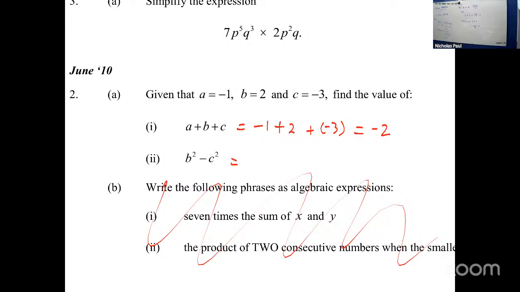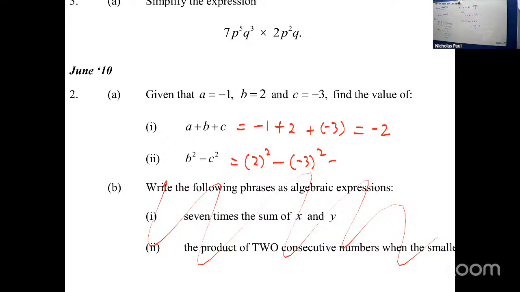What about the next one? The next one says B squared minus C squared. B is how much? And C is how much? You square first.